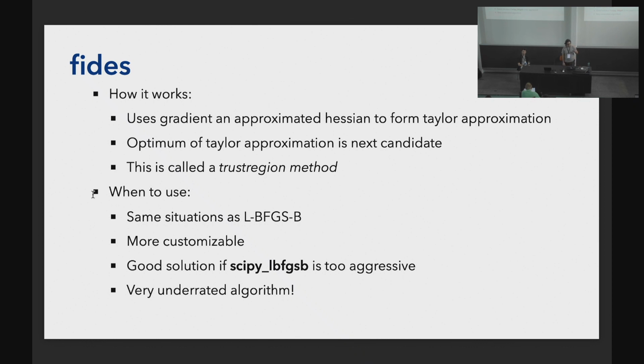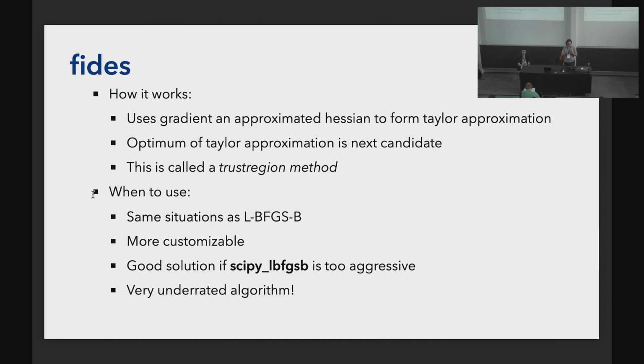Another optimizer that can be used in a very similar situation, so typically if I use LBFGSB, I also use the FIDES algorithm and compare them. This is a so-called trust region method. It takes the same gradient and Hessian approximation as the BFGS algorithm, but uses it slightly differently.